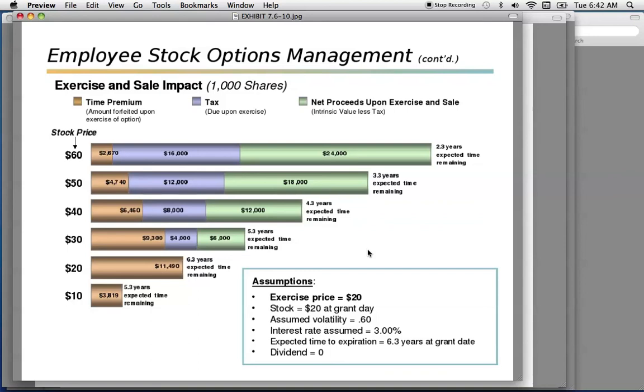You might say, well, is there any other way for me to manage these whereby I can lock in some of that profit or reduce the risk? And the answer is 100% yes, you can do it.